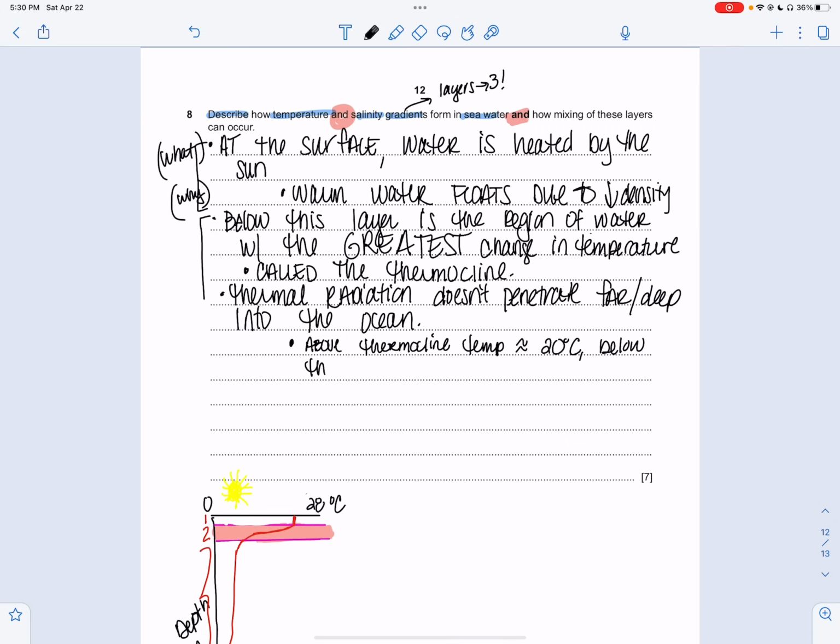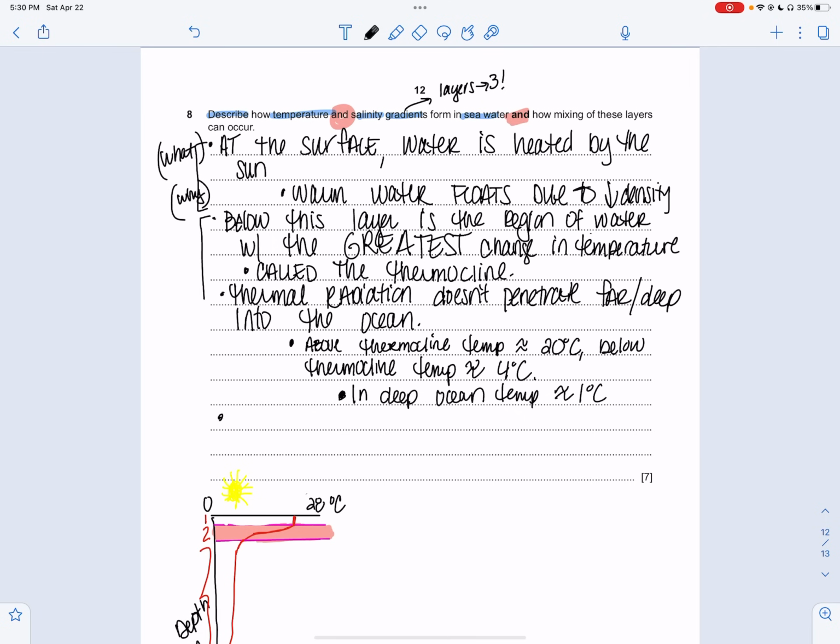Below the thermocline, temp is about 4 degrees Celsius. And then they say in the deep ocean, or at the seabed, temp is about 1 degree Celsius. I mean, literally, please don't stress yourself over that. There's plenty more to write about.